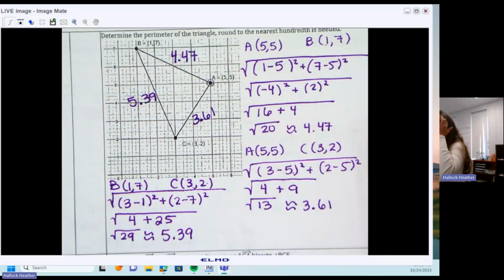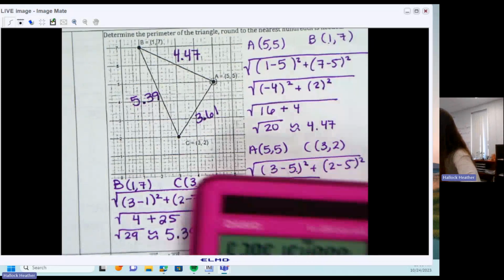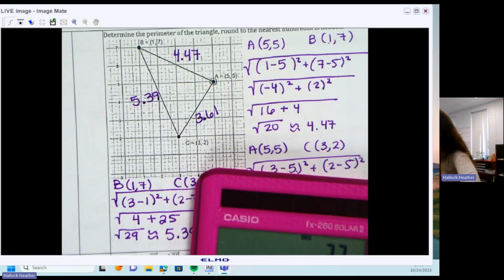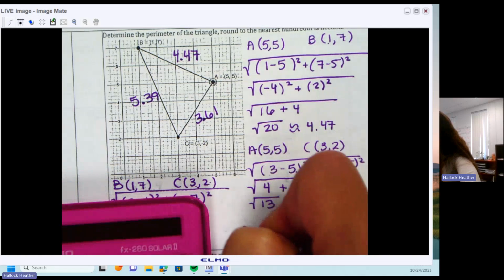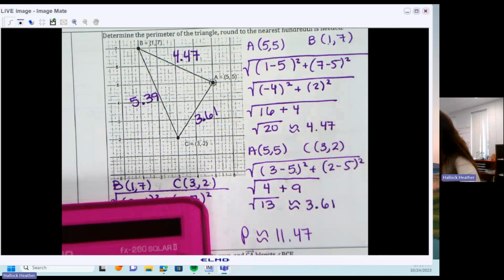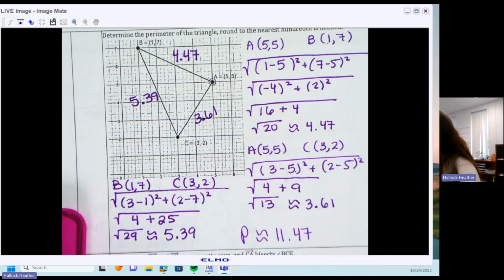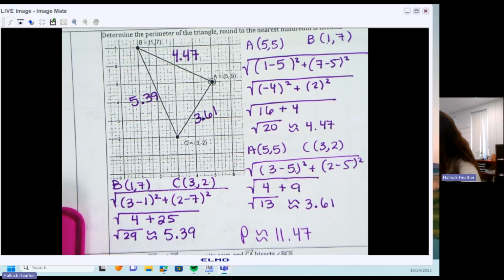Since it wants the perimeter, I'm going to add up all my sides. 5.39 plus 4.47 plus 3.61. So the perimeter is around 11.47. Did I do that right? 4.47 plus 3.67 plus 5.39 plus 3.61 plus 4.47.